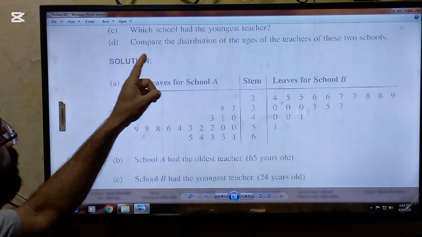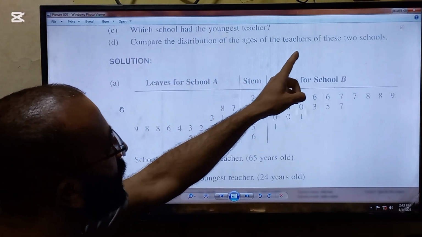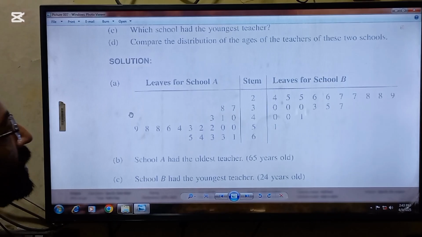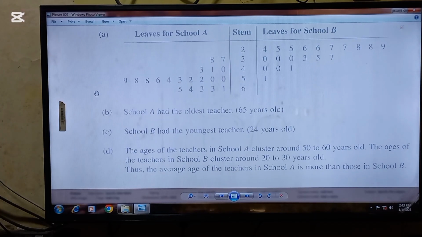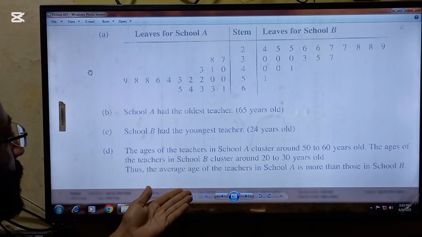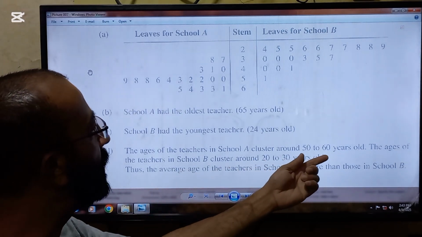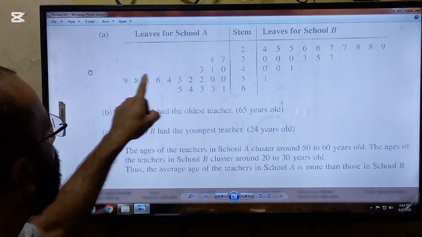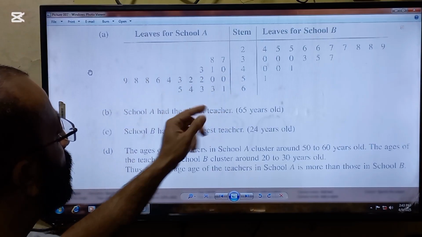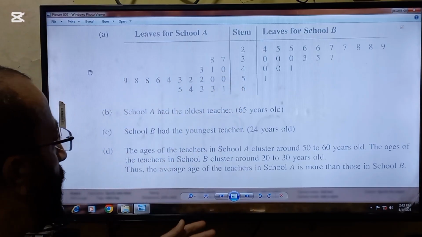Okay, the last part is to compare the distribution of the ages of the teachers of these two schools. So here is the comparison. The ages of the teachers in school A cluster around 50 to 60. You can clearly see school A's ages are mostly clustered between 50 and 60.